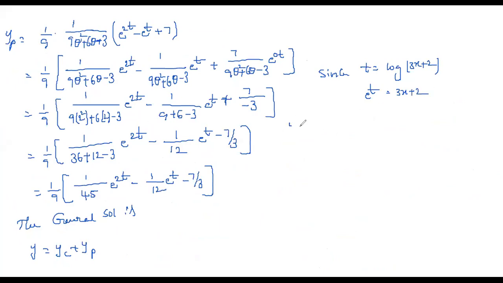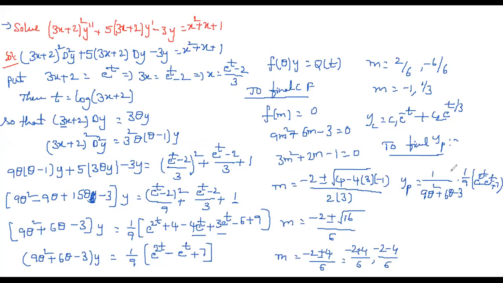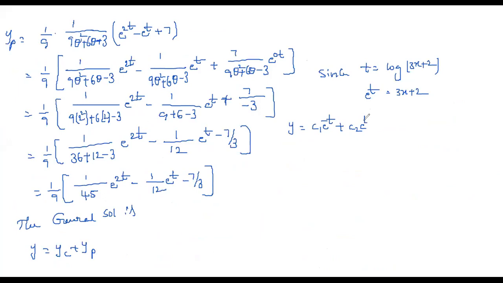Now we have to substitute that. y is equal to c1 e power minus t plus c2 e power t by 3, the complementary function, plus 1 by 9 into 1 by 45 e power 2t minus 1 by 12 into e power t minus 7 by 3. Now you can substitute all these things.